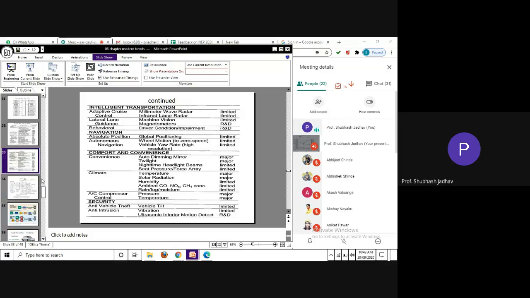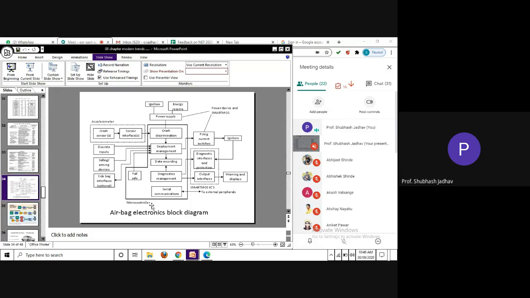So anything. You can see so much airbag electronics. Operating an airbag seems a very simple thing, isn't it? You may think that whenever there is a shock, whenever there is an accident, the airbag is going to inflate. But in order to inflate, how complex a system is required? And as a mechanical engineer, you are supposed to understand this.